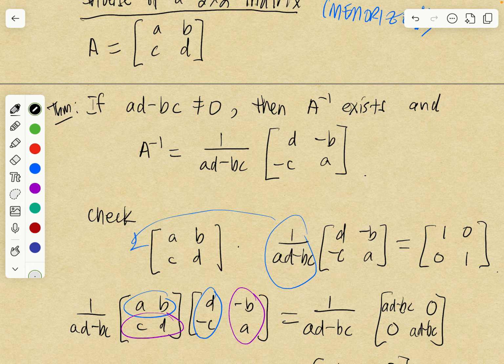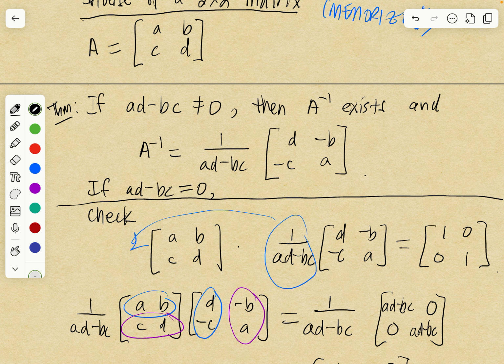And then the second part of the theorem is, if AD minus BC is equal to 0, then A is not invertible. So it's easy to tell for a 2 by 2 matrix if it's invertible or not. Just calculate AD minus BC and see if you get 0 or not.